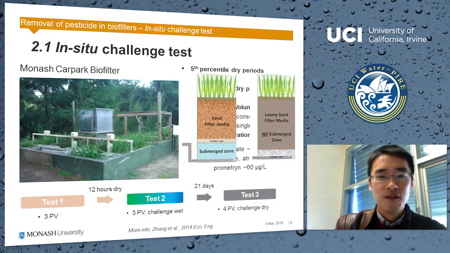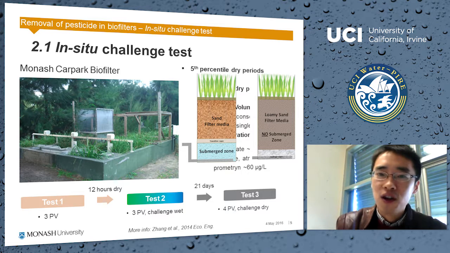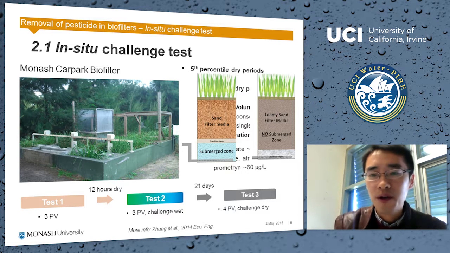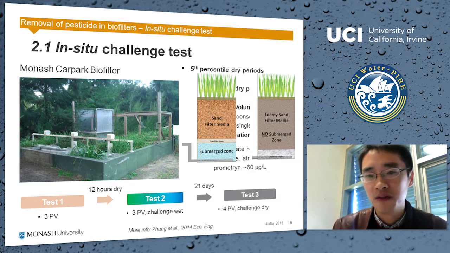On slide 5, this is our Monash car park biofilter. Before we did the experiment, we came up with a few challenging conditions that were analyzed using MUSIC. First of all, about the dry period, we came up with two conditions. One is pretty wet, with a dry period of only 10 hours.